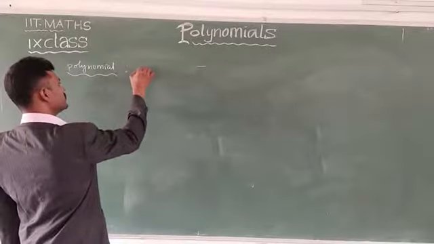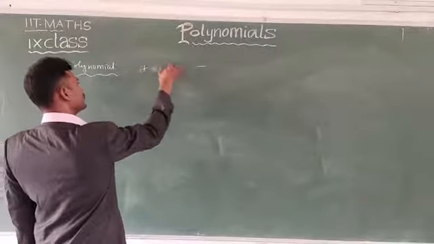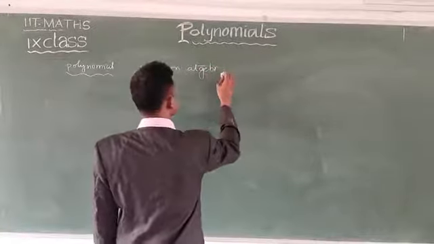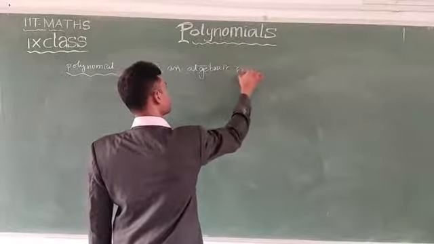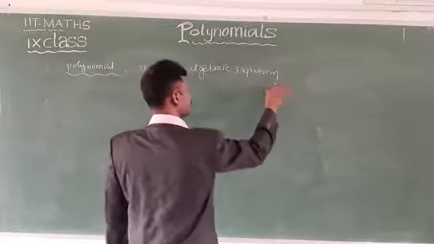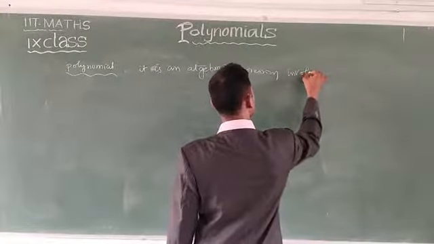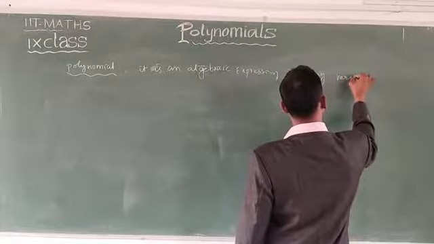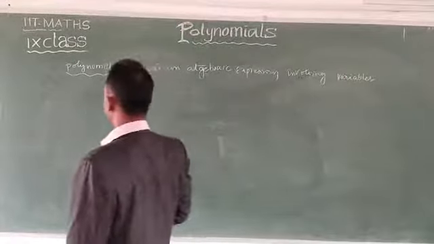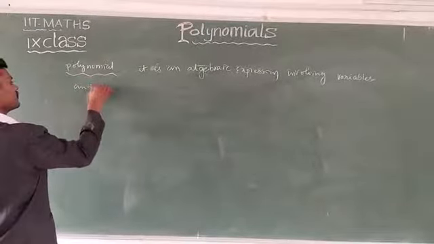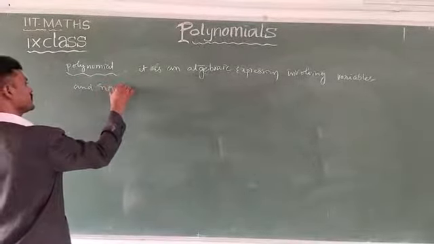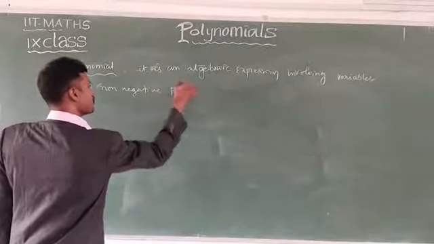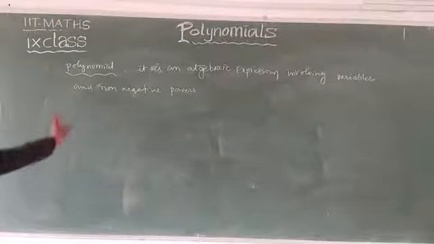A polynomial is an algebraic expression involving variables and positive or non-negative powers. See, now this is the polynomial.